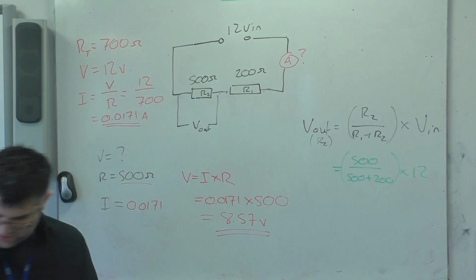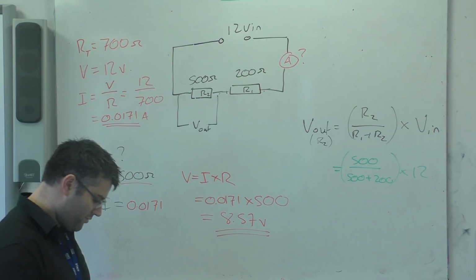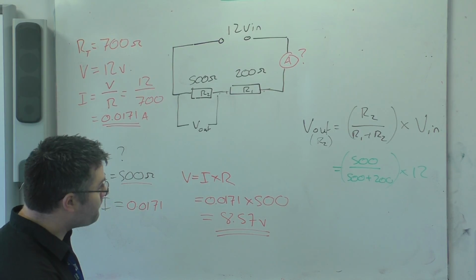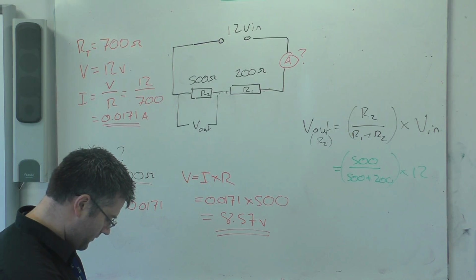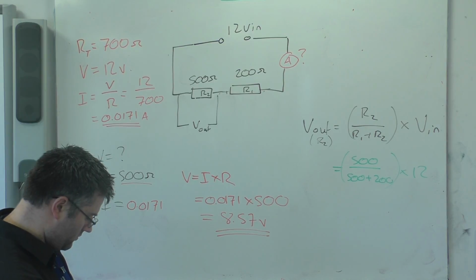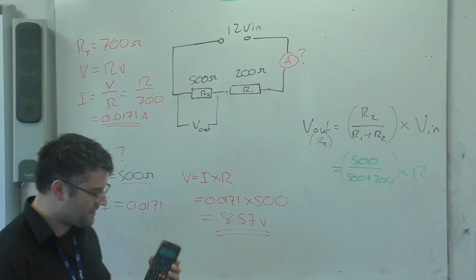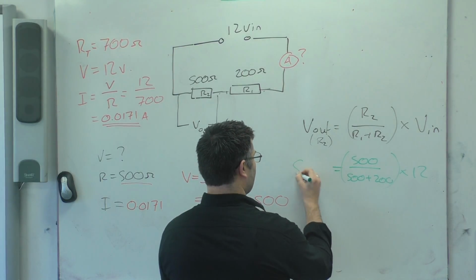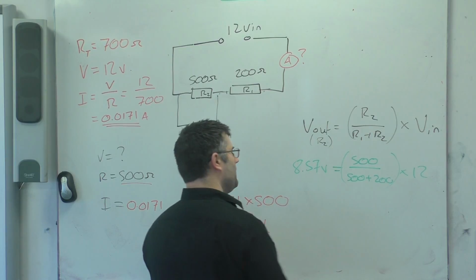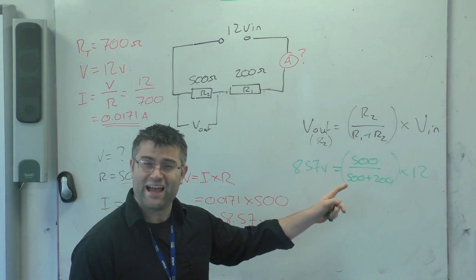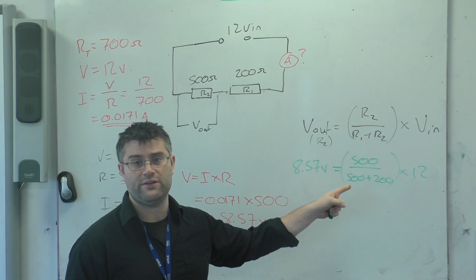That will give us, I think you'll probably find, oh look, it's exactly the same answer, 8.57. Now you might be thinking, well that's quicker. And yeah, it is quicker, but the opportunity for mistakes is more.